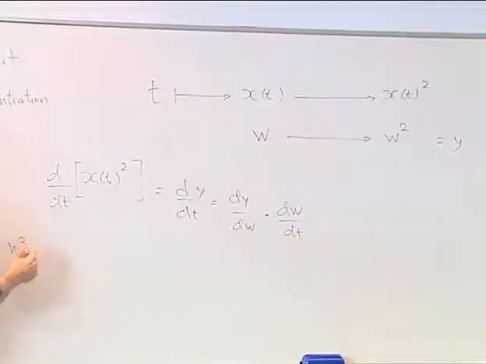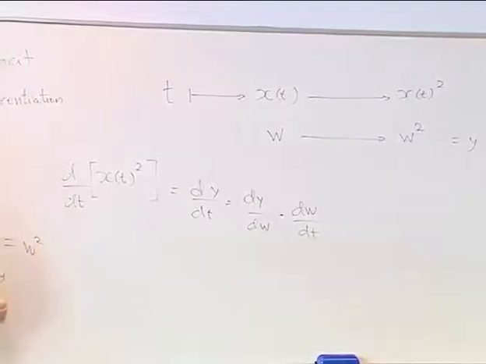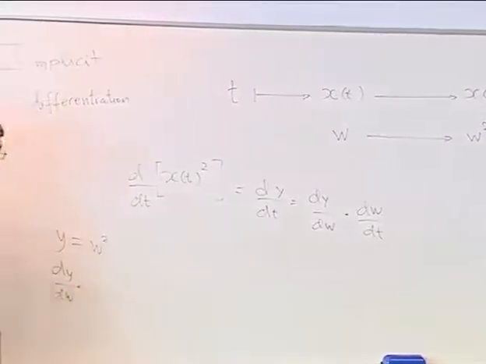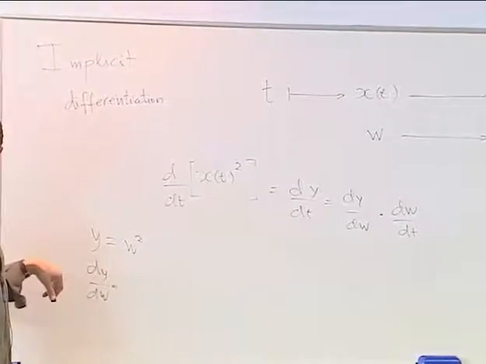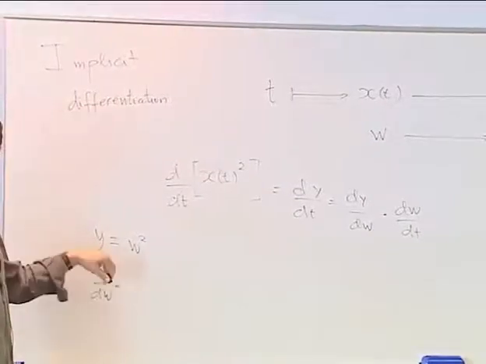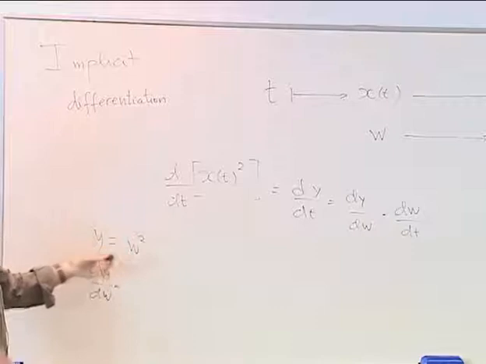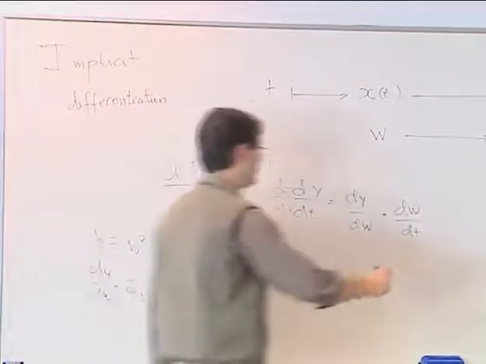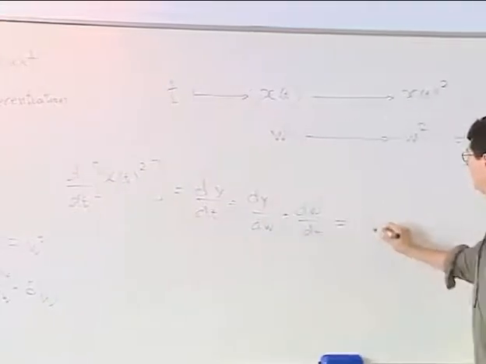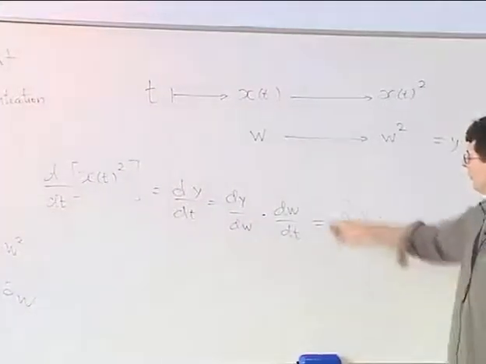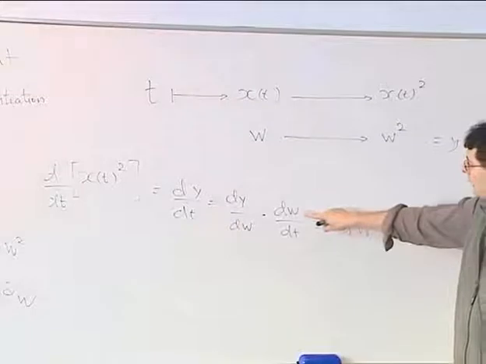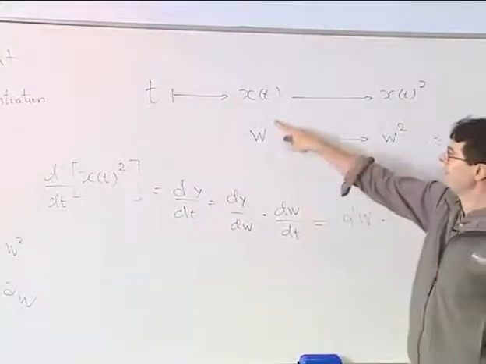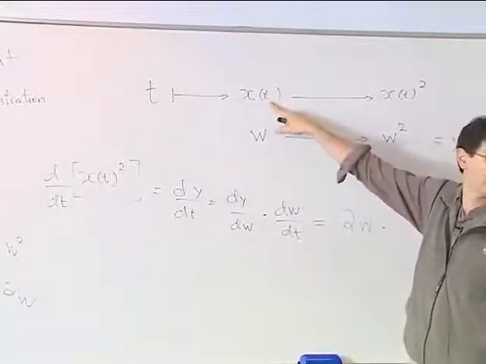Y is w squared, so dy dw is, what's the derivative of w squared? 2w multiplied by dw dt. I cannot do that derivative because I don't have, w is just x, so this is dx dt.